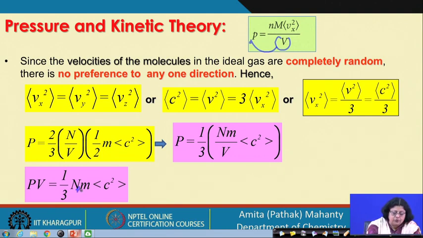N is the total number of molecules, m is the mass of the gas molecule, and this is the RMS speed. So, we have derived the expression for the pressure in terms of the speed of the molecules, the RMS speed of the molecules.